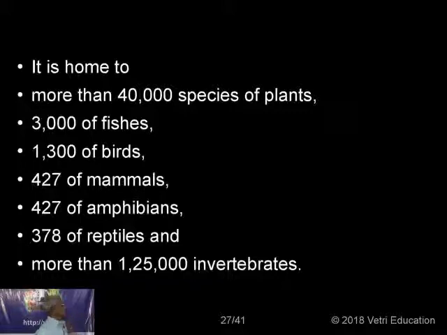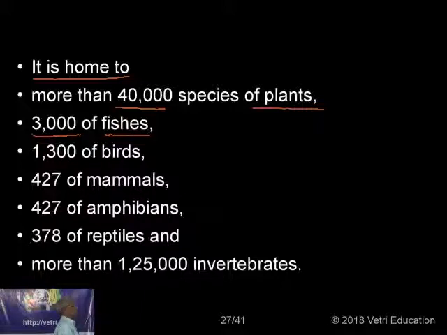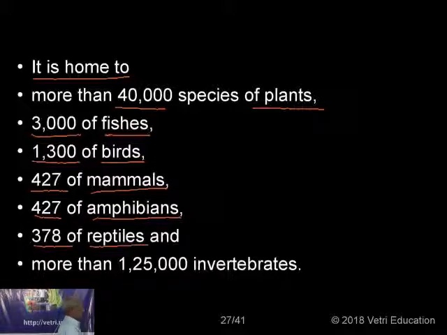This Amazon forest is home to more than 40,000 species of plants. 3,000 fishes are there in the Amazon forest. 1,300 birds, 227 mammals, 427 amphibians, 378 reptiles, and more than 125,000 invertebrates are there.